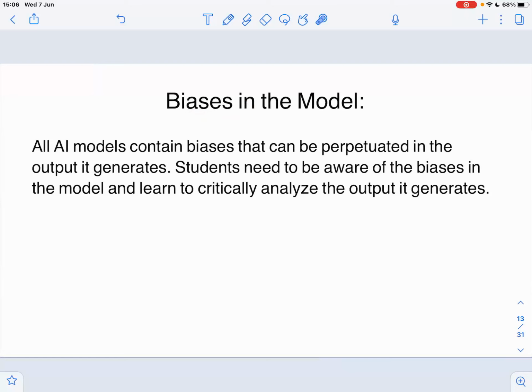So LLMs have been trained on Western texts, but they will not necessarily capture, for example, Eastern ways of thinking. It's just a general remark. There are biases in it, and we need students to be aware of these biases.